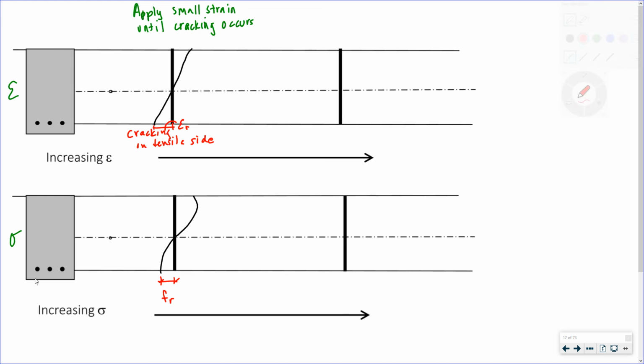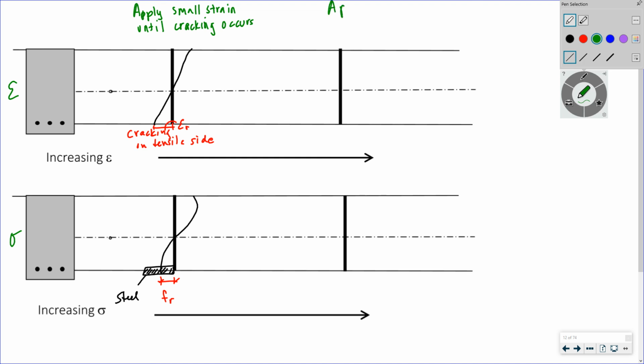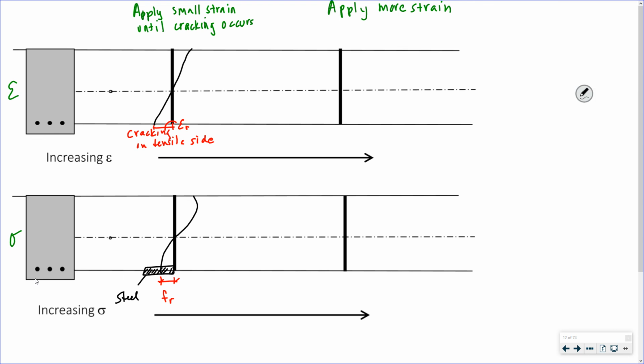But there's also some steel down here, picking up the stress. That means if I apply more strain, that's my strain profile.